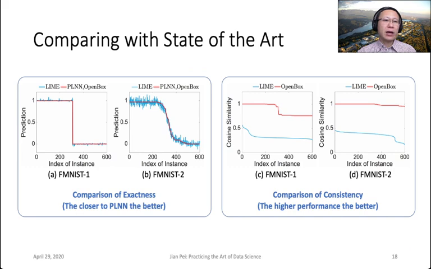Our method provides the exact interpretation, while LIME provides a pretty good interpretation, but is up and down, centered at the ground truth. Also, in terms of consistency, our approach provides much better results than LIME.